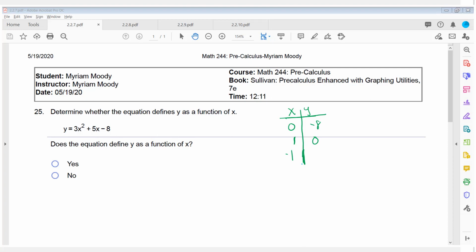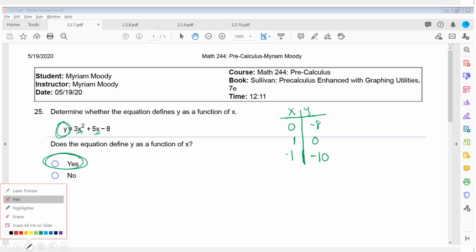I'm hearing you. -10. Good. I get a single output, though. That's the point. Agreed? So the question is this. Every time I now plug in a number for x, will I get just one number for y? Yes, in this case, you definitely will. So is this a function? Yes, it is. This equation is considered a function.